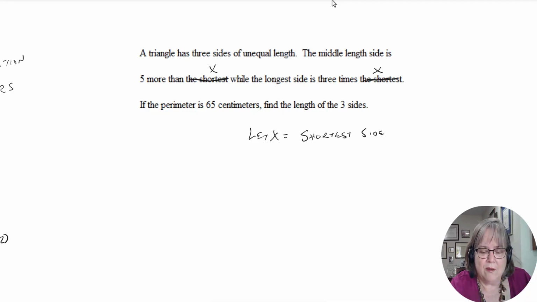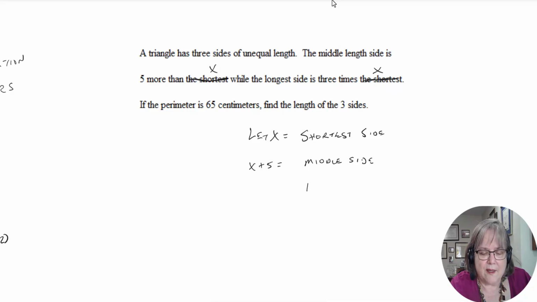And if you want to, we can write this out up here at the top just to help you a little bit. So it says the middle side is 5 more than x. So what's 5 more than x? x plus 5.